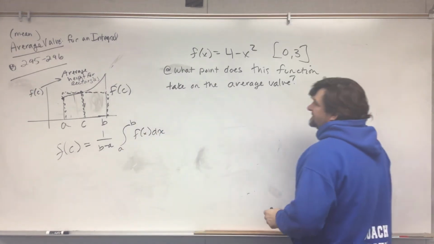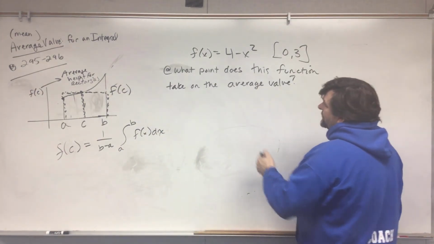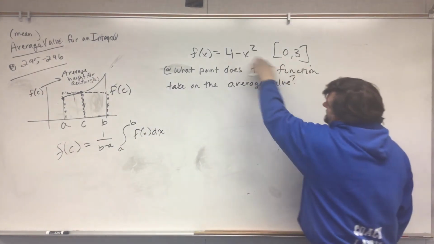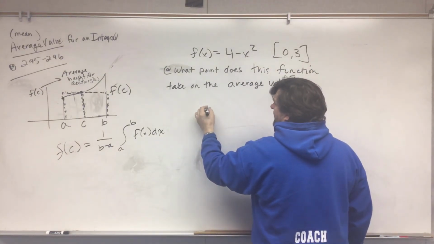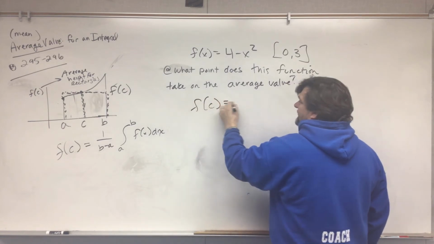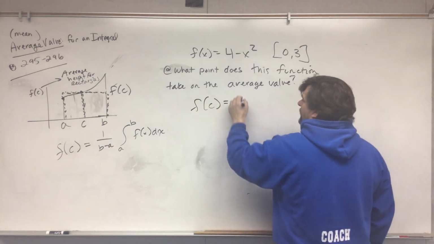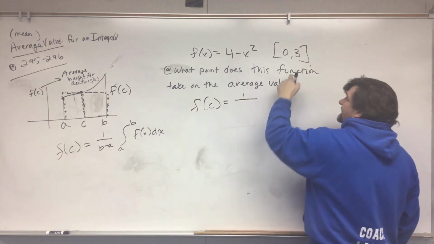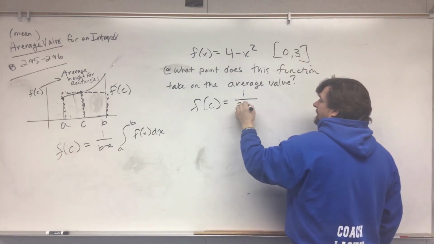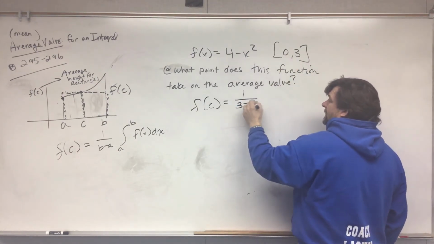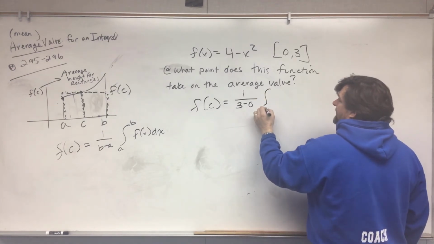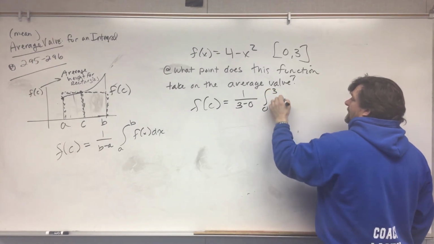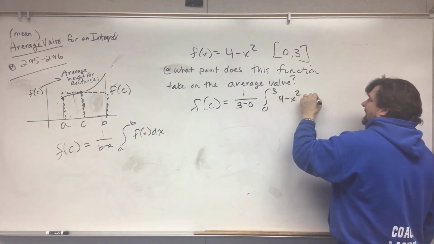It's continuous and differentiable from 0 to 3, so we're good. So f of c is equal to 1 over 3 minus 0 times the integral from 0 to 3 of 4 minus x squared dx.